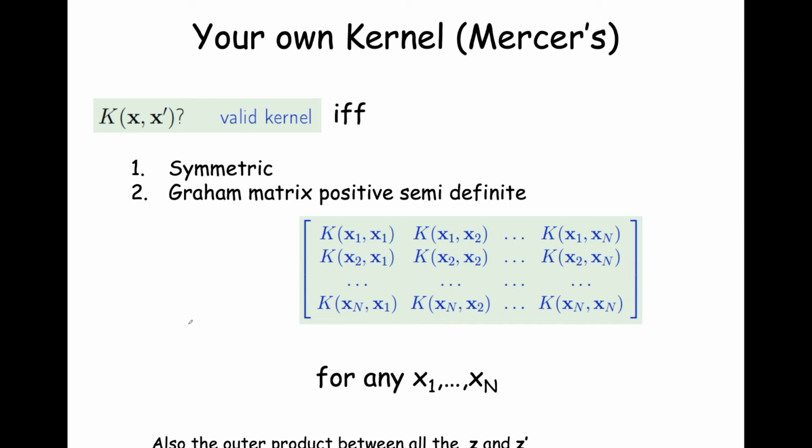So this Gram matrix is effectively an evaluation of your kernel pairwise over all data points. And this is the same as doing the outer product among all the corresponding z vectors in feature space. Okay. And so these two properties: your kernel is valid if it's symmetric, and your Gram matrix is positive semi-definite.